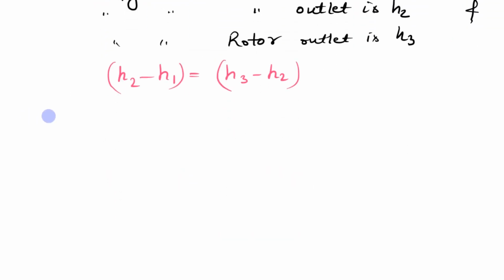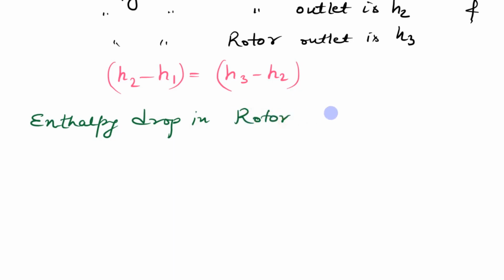So we can write enthalpy drop in rotor as, what will it be? This will be H2 minus H3, right? And enthalpy drop in stator will be H1 minus H2.